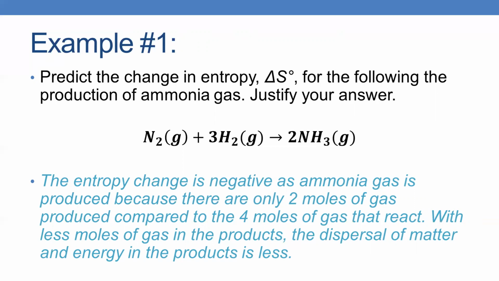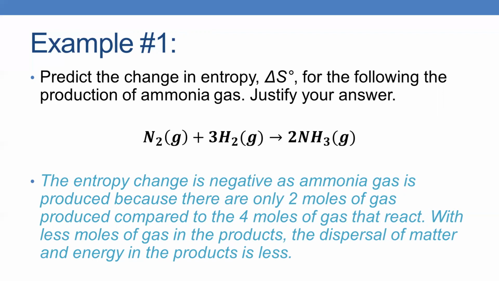Looking at this, we have a total of 4 moles of gas on the reactant side. We have 2 moles of gas on the product side. So we already know that the entropy will be higher, more dispersed, on the reactant side, correct? So the entropy change value would be negative because as you produce, you are producing fewer molecules of gas overall.